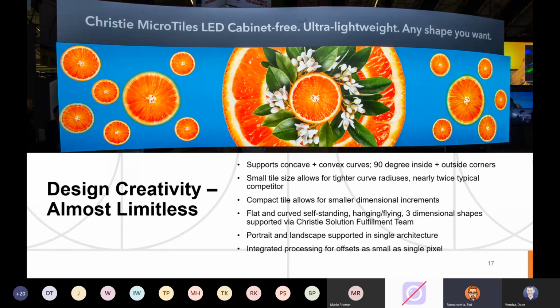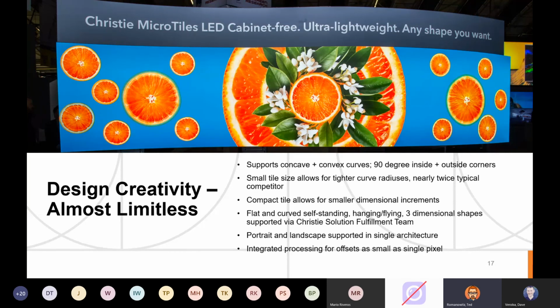It supports both concave and convex curves at any angle from a fraction of a degree all the way up to 90-degree inside and outside curves. Because the tile size is smaller, it's 240 by 270 millimeters, and that's about a quarter of the typical size.